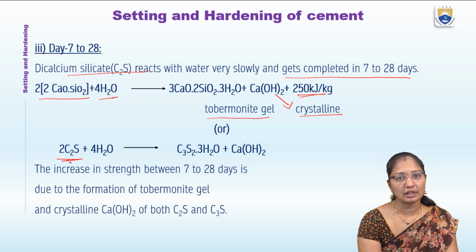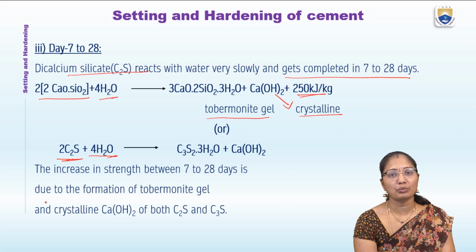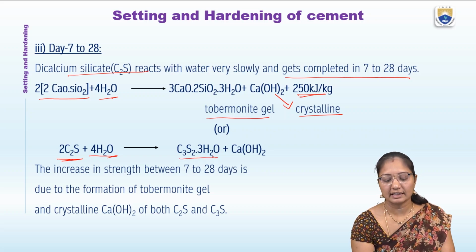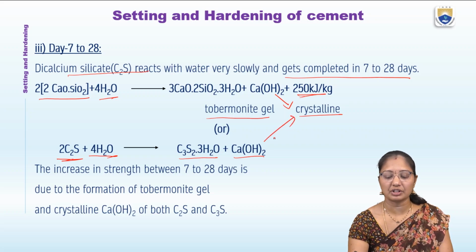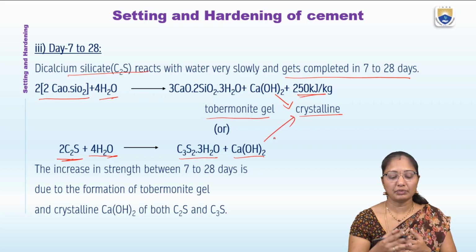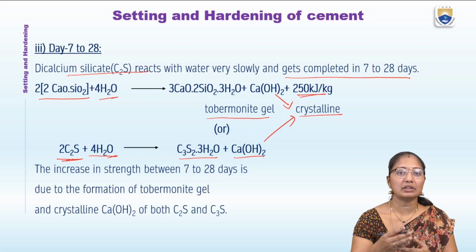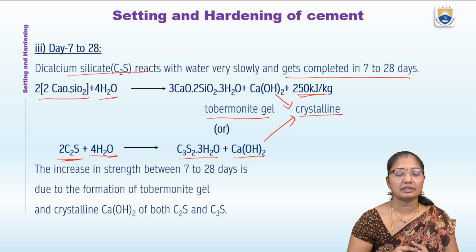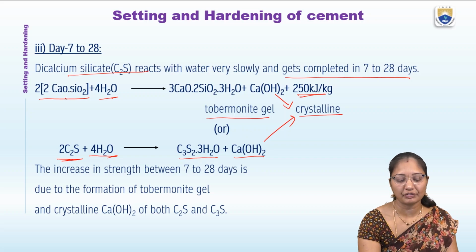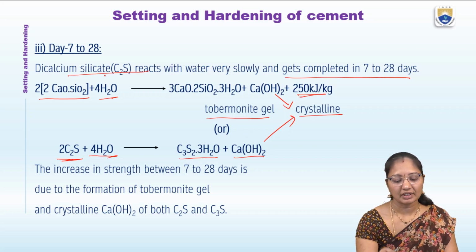When it is mixed with gypsum, the dicalcium sulfoaluminate complex plus 4 water molecules gives rise to tobermorite gel and calcium hydroxide, which is crystalline. We are going to see both the reactions, with and without the sulfur complex.